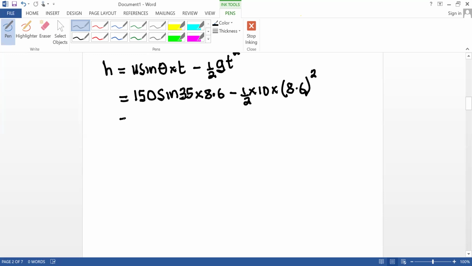Help me evaluate this. 150 times sine 35, this is 86. So 86 times 8.6 minus 5 times 8.6 squared. Class, quickly evaluate this for me. 86 times 8.6. This is almost 740.